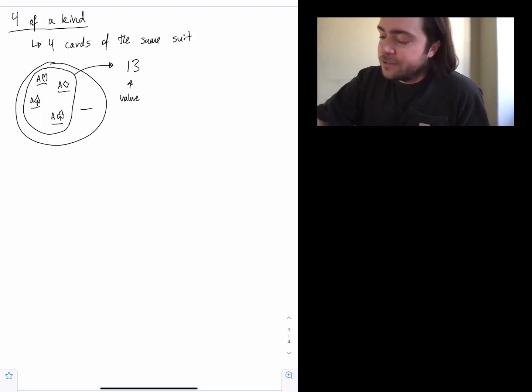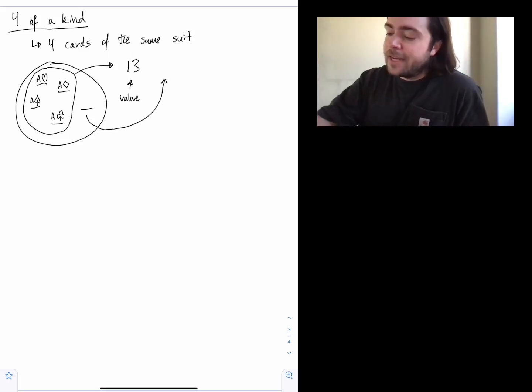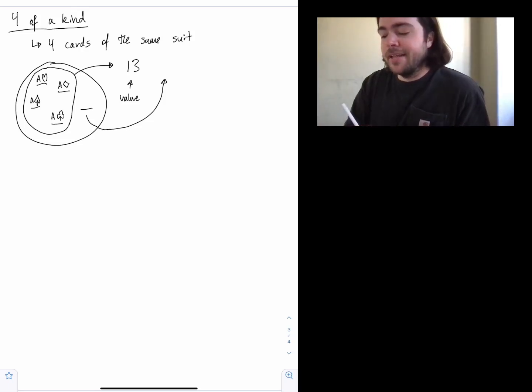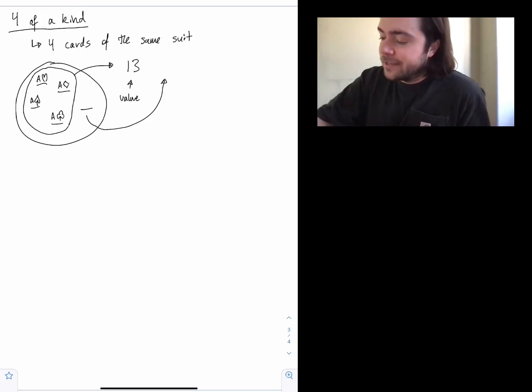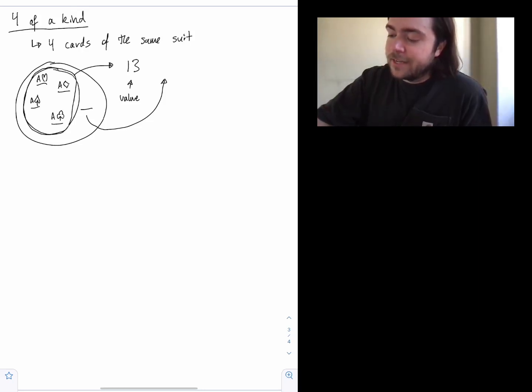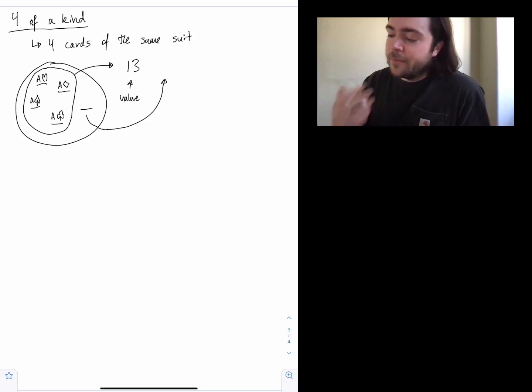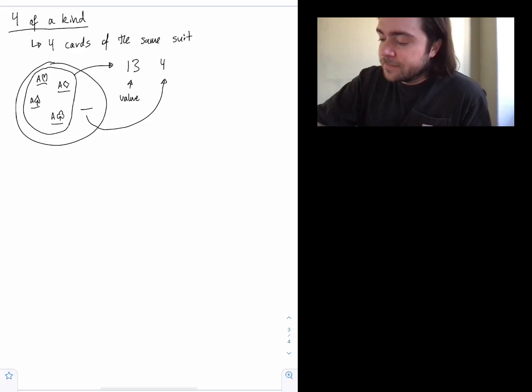Okay, but what I do have choice of is this last card. So how many remaining cards are there that would give me choices for that last 5th card in my hand? Well, I've already taken up 4 of the cards to be in my 4 of a kind. So how many other cards are there that could fall into that 5th spot? Well, there's 48.